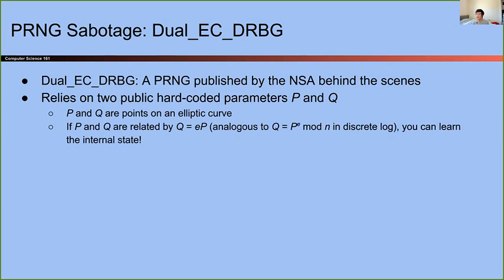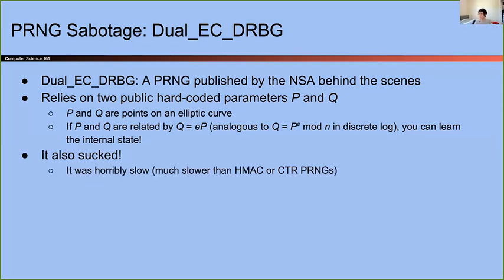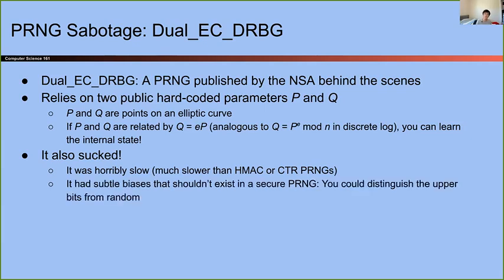And this might have been all right if the algorithm wasn't also kind of bad. It was a lot slower because it uses these elliptic curves. And even though that's faster than discrete log, it's still slower than HMAC or counter mode, where you are really just doing bit shifting and XORs and so on and so forth. And it wasn't a perfect PRNG.